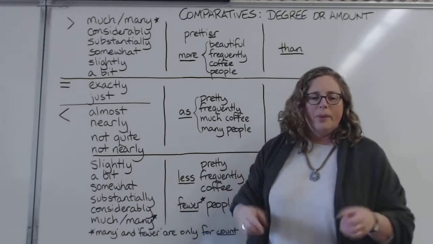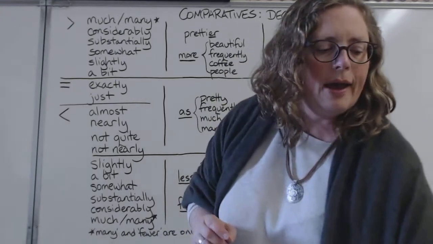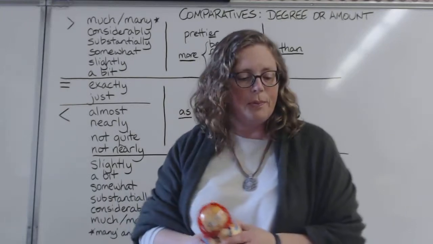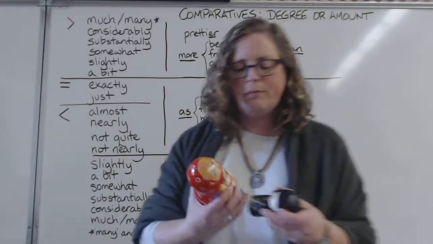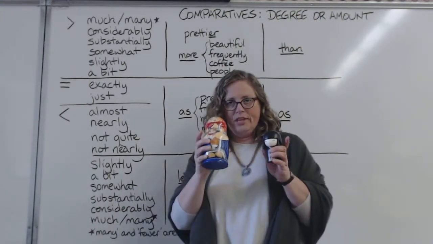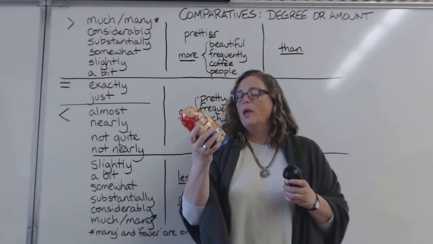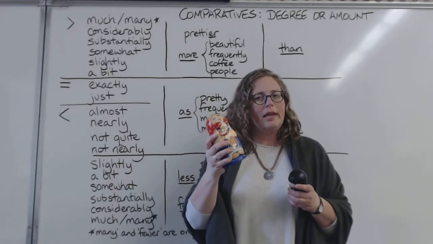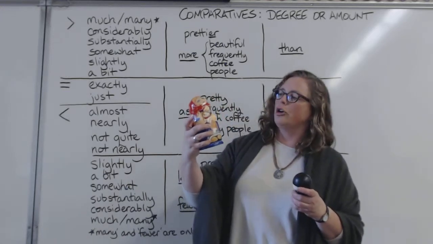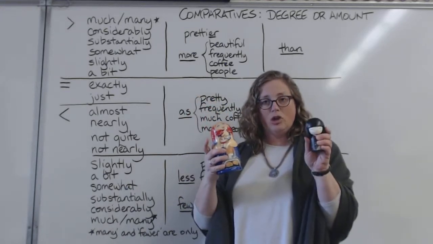All right, so if I'm comparing two things, I have a collection of dolls that people have given me from different countries. And I could say, these two dolls, this doll is substantially larger than this doll.